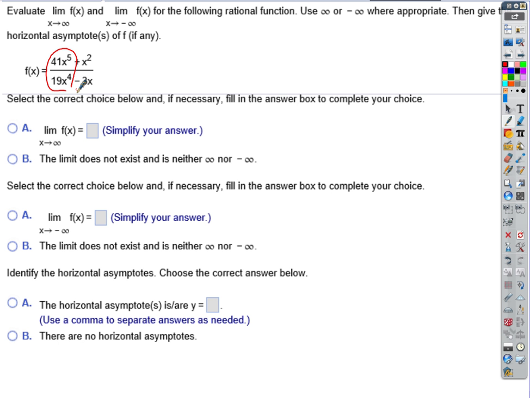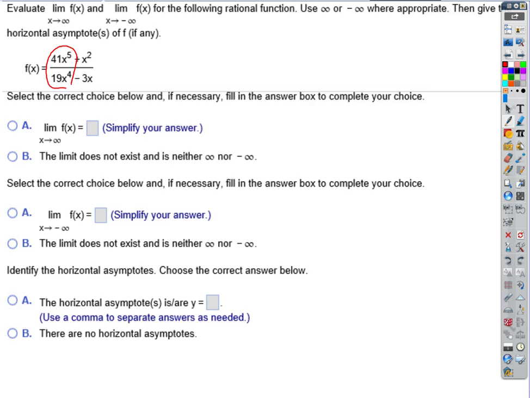Is this going to have a horizontal asymptote? No. It actually does have a slant asymptote of some kind, but I'm going to hold off on slant asymptotes until later. We're not even going to do them on this test. We'll get back to all this in the future, and I just don't want to spend time on that right now.